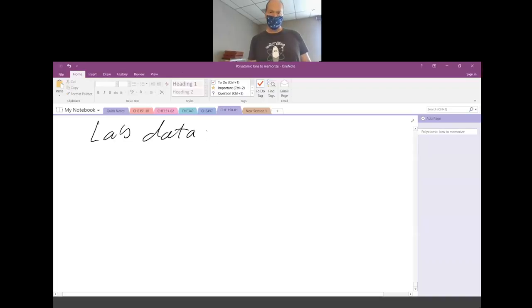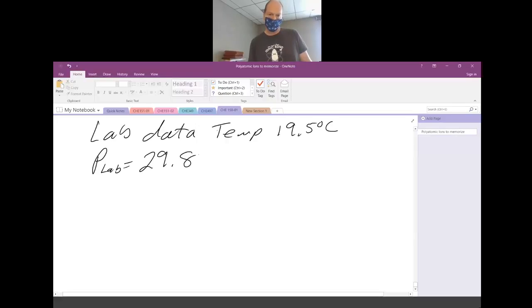All right, we have a temperature, and that is 19.5 degrees Celsius. So this is experiment 4. We have the pressure of the lab on the board, 29.82 inches of mercury for this day.